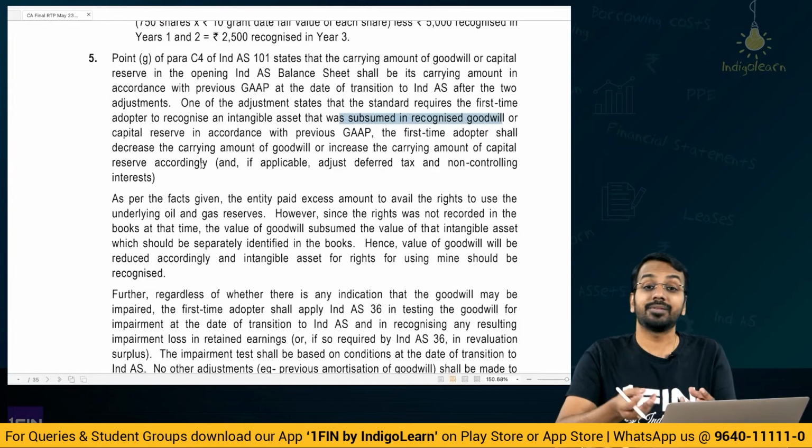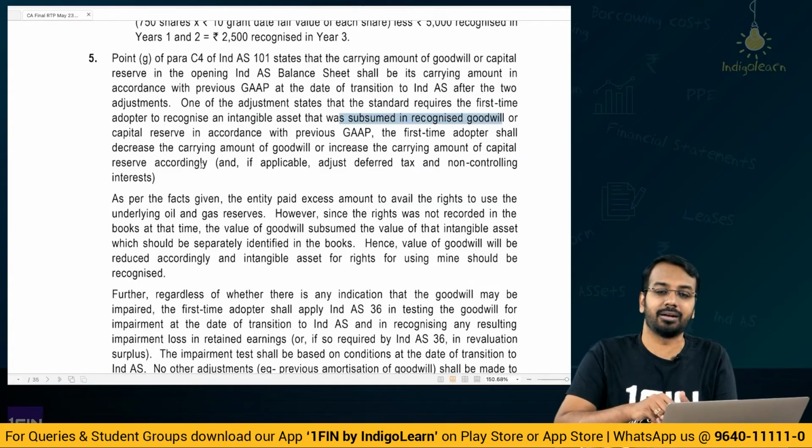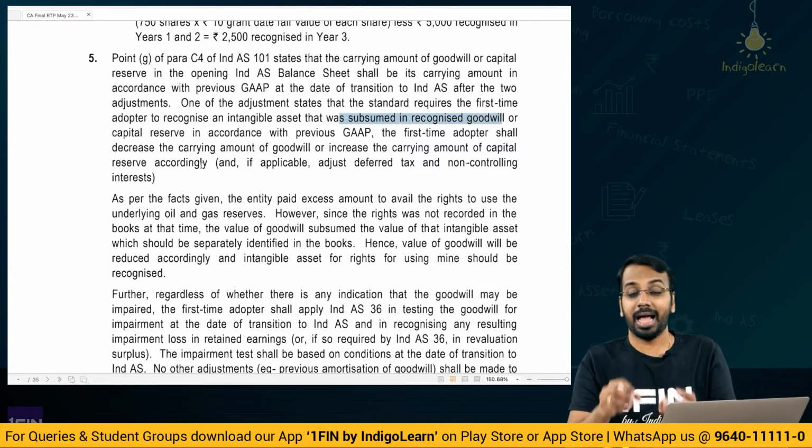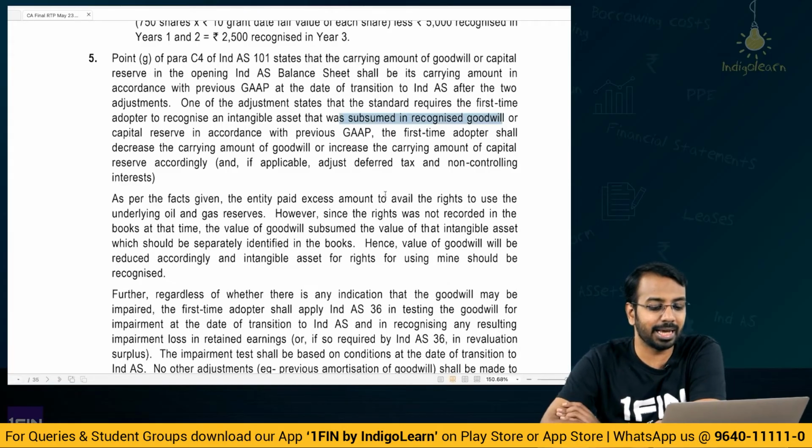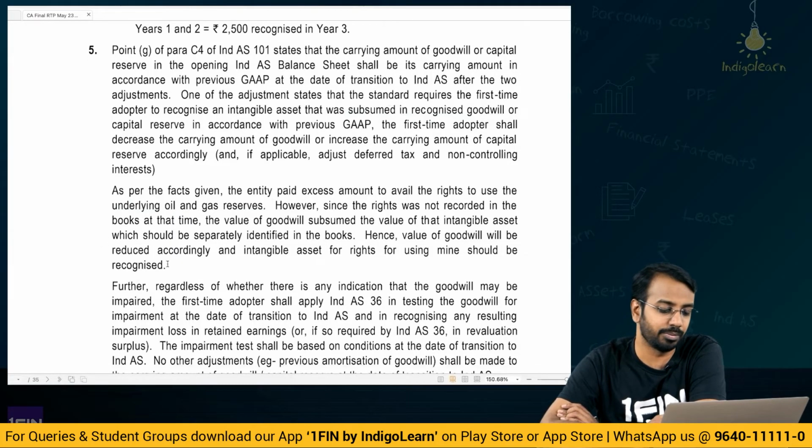Meaning to say, if there is some other asset inside goodwill, remove that asset out and then adjust the amount of goodwill. The entity has paid excess amounts to avail right to use underlying oil and gas reserves. However, since the rights were not recorded in the books at that time, the value of goodwill subsumed the value of that intangible asset, which should be separately identified in the books. Hence, the value of goodwill will be reduced.